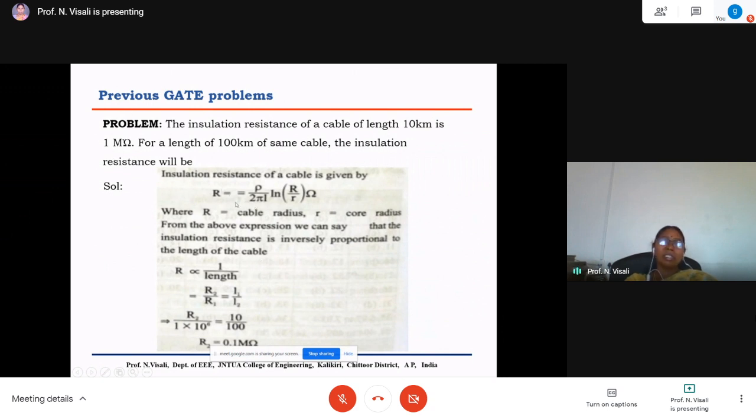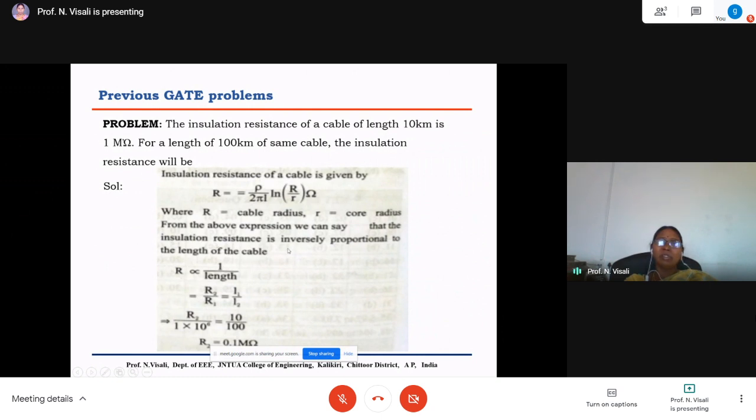So for the insulation resistance of the cable, actually this formula is in cables, we will derive this formula directly. I have taken this formula: R is equal to rho by 2 pi L, Ln(R/r). This is the insulation resistance. Here R is the cable radius and r is the core radius.